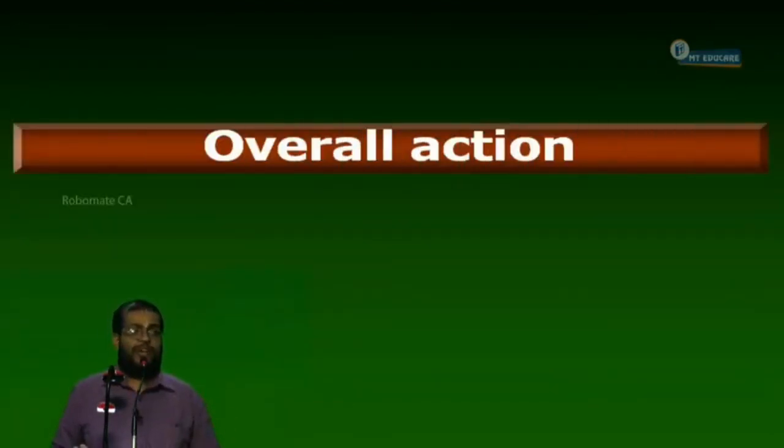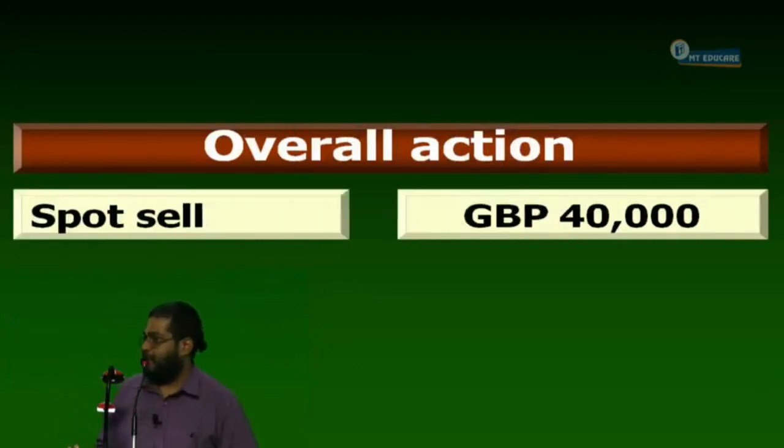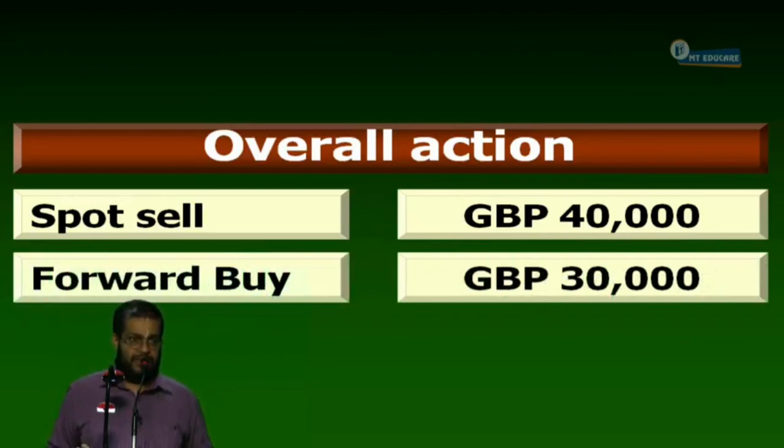Now tell me the overall strategy, the overall action, consolidated. First, spot sell 40,000 Great Britain pound. Second, forward buy 30,000 Great Britain pound.